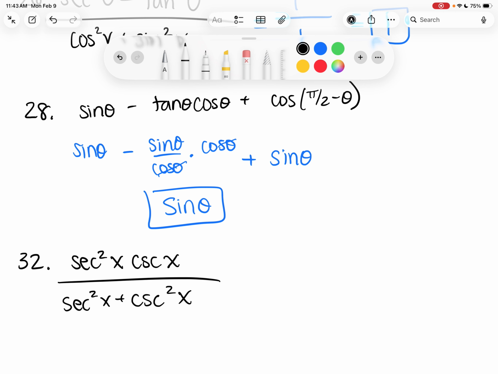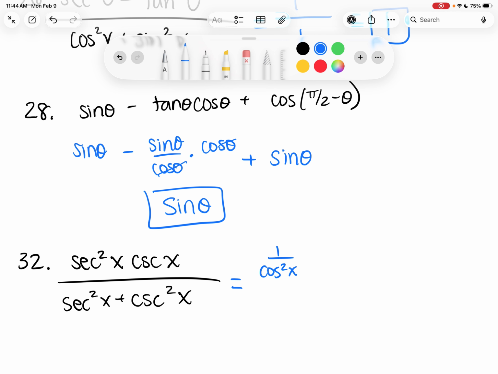So there's nothing that I can do just outright. There's nothing that can cancel because the bottom is being added, top's being multiplied. And so I need to rewrite this stuff first as far as sines and cosines go. So on top here, secant is 1 over cosine, so I'm going to rewrite this as 1 over cosine squared of x.